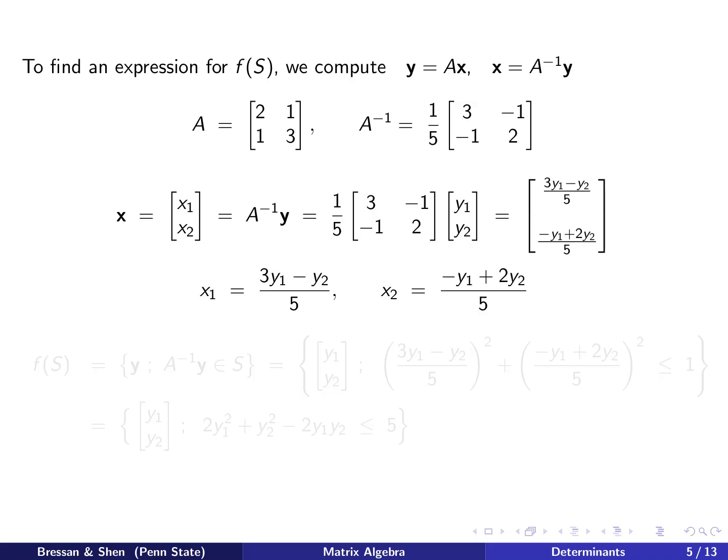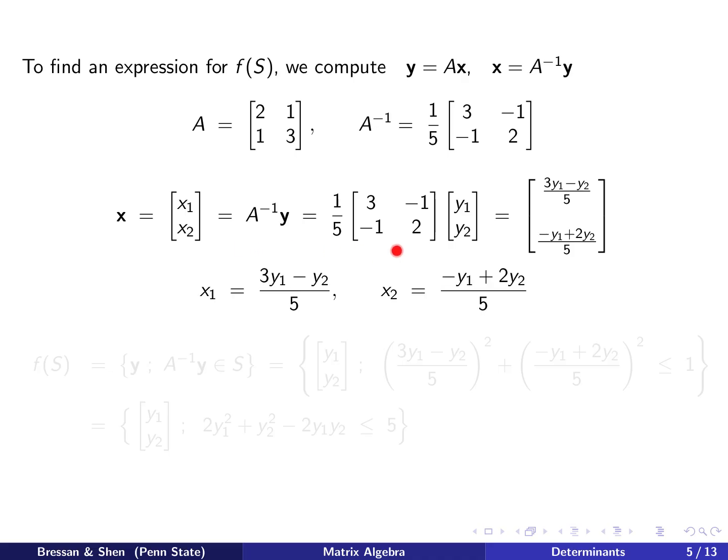Okay, so now let's find an expression. Let's find the expression of x as a function of y, the vector x as a function of the vector y. From here we know that it is A inverse times y.